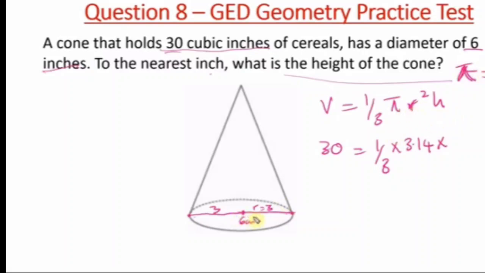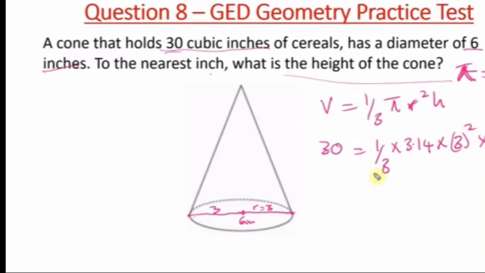For r square, from here you were given the diameter, so you must know how to find the radius from a diameter. When you're given the diameter, the radius is simply half of the diameter. So here r is equal to 3, so that is 3 square, 3 raised to the power 2, then times h. We're looking for h.